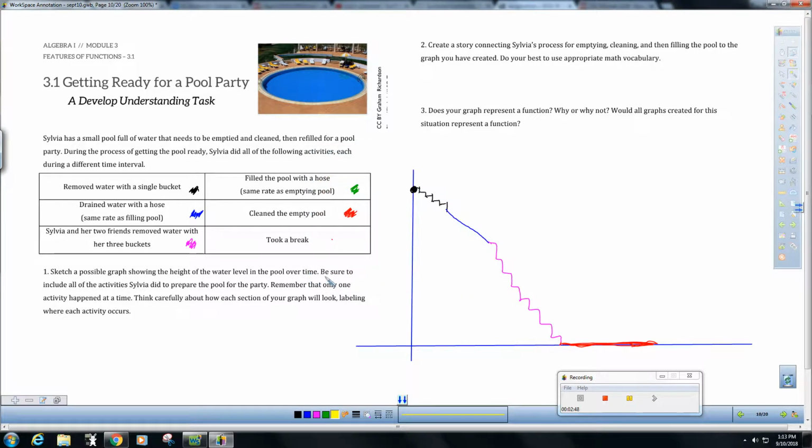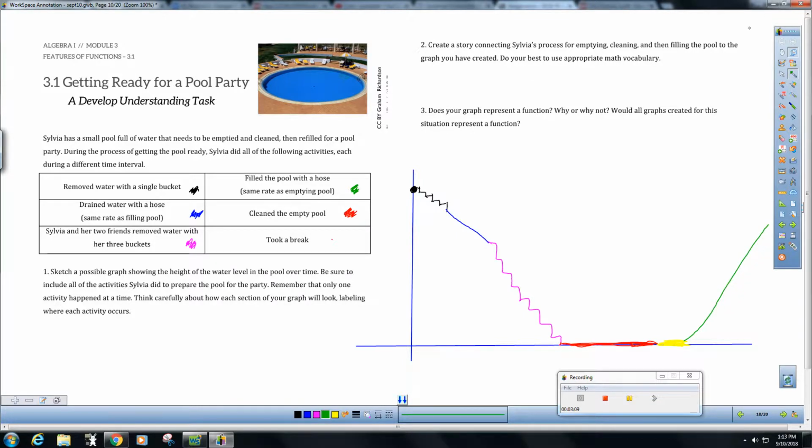So then this line is definitely horizontal. They didn't take that long of a break because they're hard workers. And then what did they do? Well, they filled the pool at the same rate. So now this slope was negative. Now we got to match that rate, but in the positive direction.